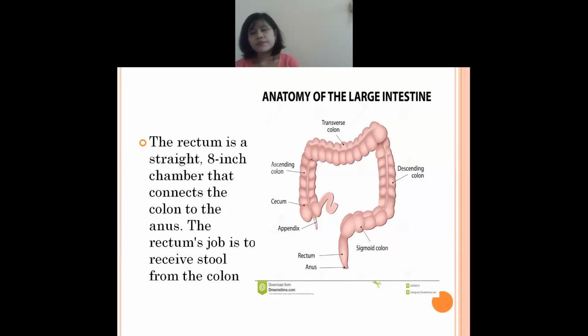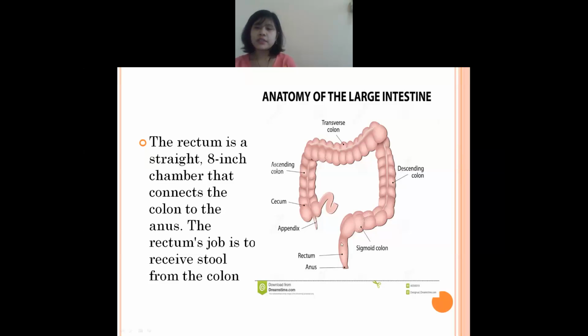Okay, so what is the function of this rectum? You'll find that the rectum is straight. Remember that one. Rectum is straight, and it is 8 inches. The length of this rectum is 8 inches, which connects from this colon till your anus.